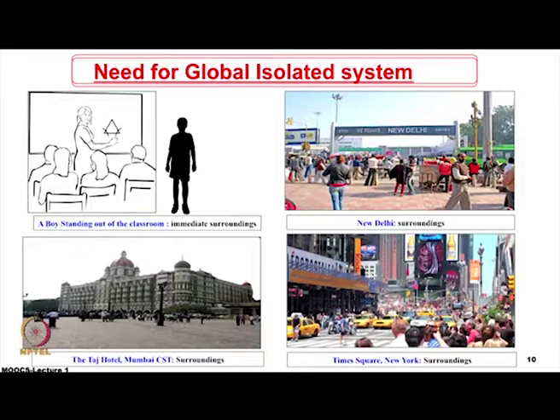So, there are different surroundings. We have divided system into different parts: open system, closed system, isolated system. But can we divide surroundings into different parts? May not be a good idea.